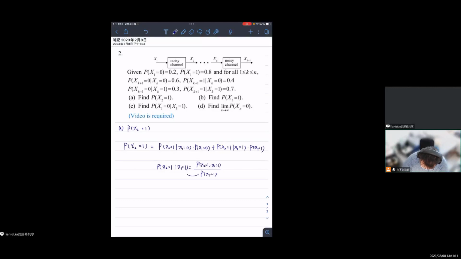So if we move it to here, we get this one, which means we are actually calculating x2 equals 1 given x1 equals 0, plus x2 equals 1 given x1 equals 1. Oh, sorry, the first line is there.